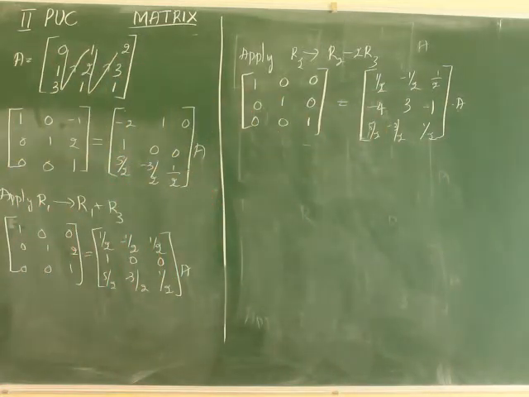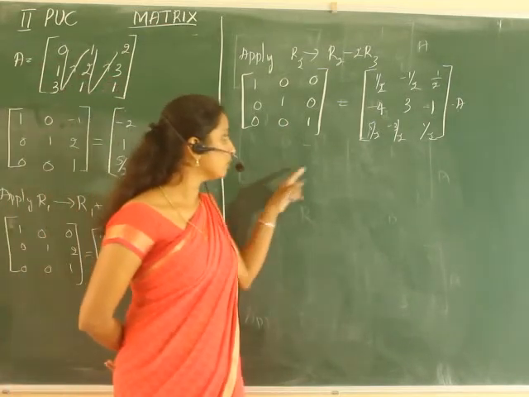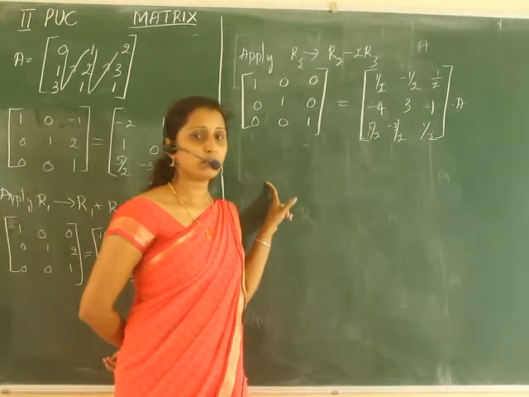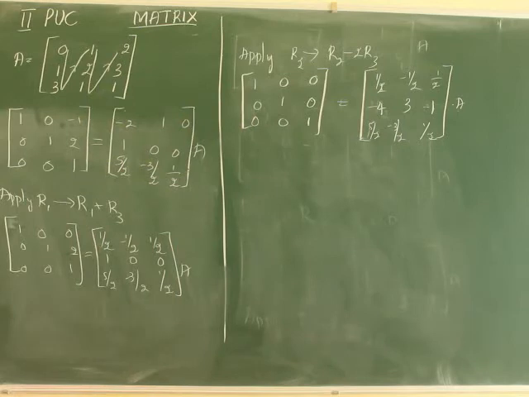Therefore, we got the answer. We have taken A is equal to IA, and finally we got I is equal to B into A. Therefore, this B is the inverse of the given matrix.